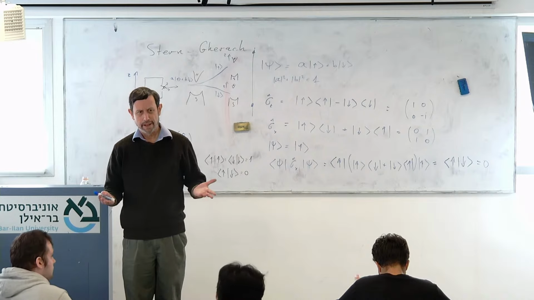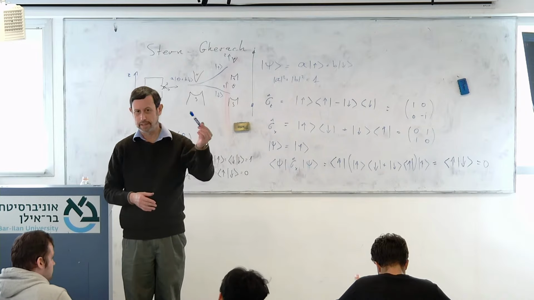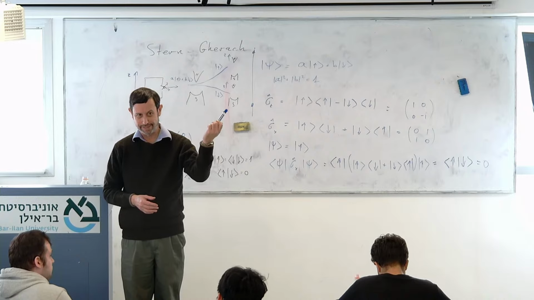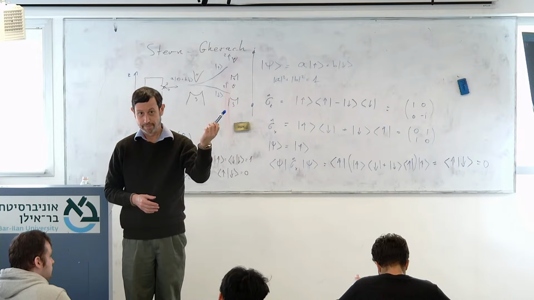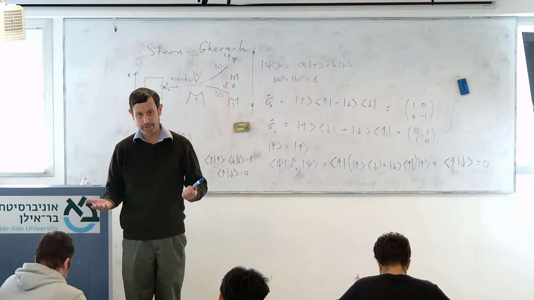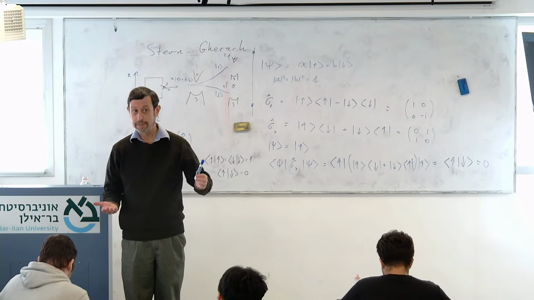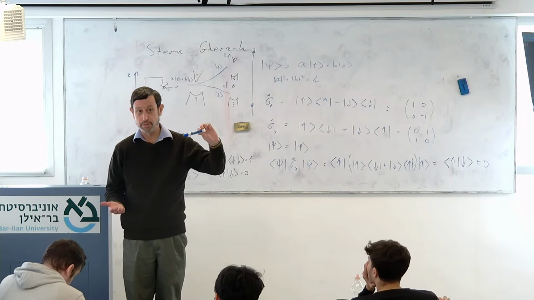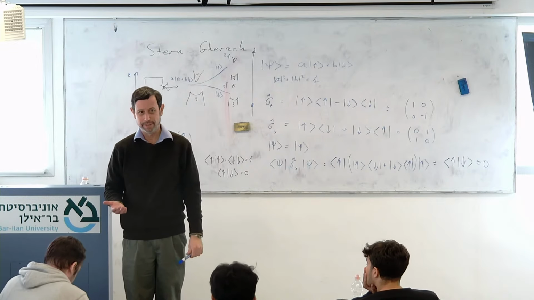But how can it be? A classical spin has x, y, z components, right? When I'm going to a quantum description, I can fully determine it in one direction. I lose any information on the remaining two directions.